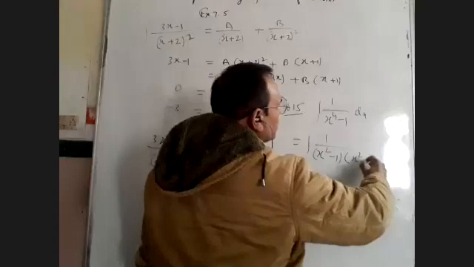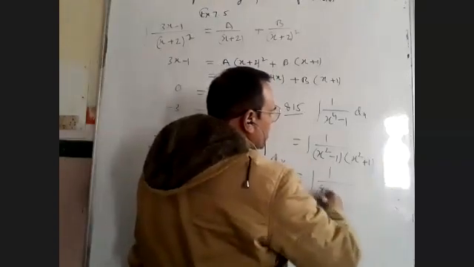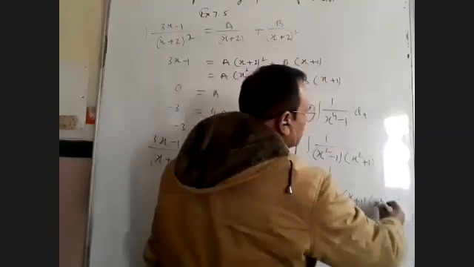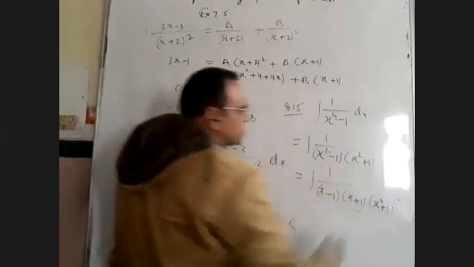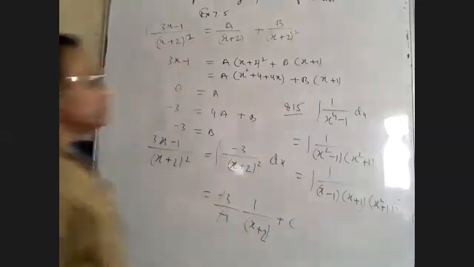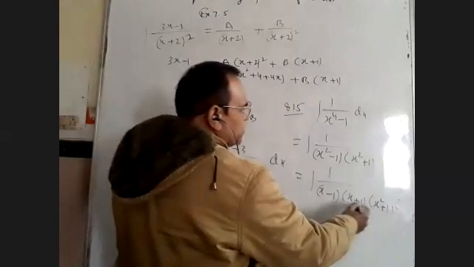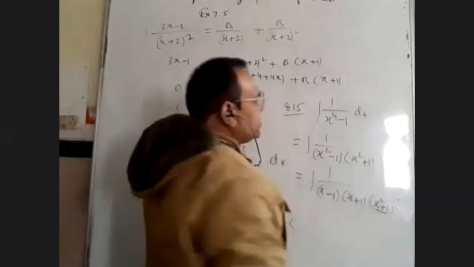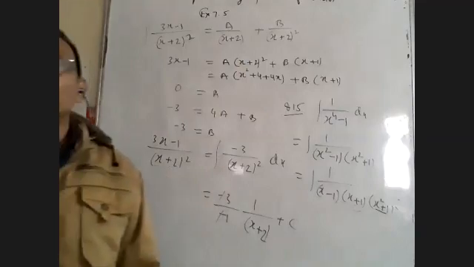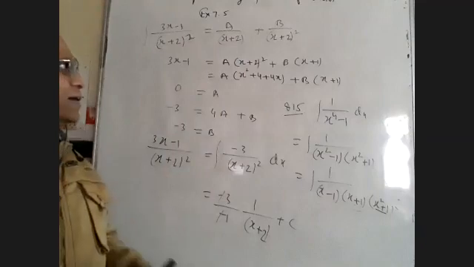You can factorize again: 1 upon x minus 1, x plus 1, and x square plus 1. So these are the two linear factors and this is the quadratic factor. So you can assume the form a upon x minus 1 plus b upon x plus 1, and for the quadratic factor we can write cx plus d upon x square plus 1. So after finding the values of a, b, c, you can integrate very easily.